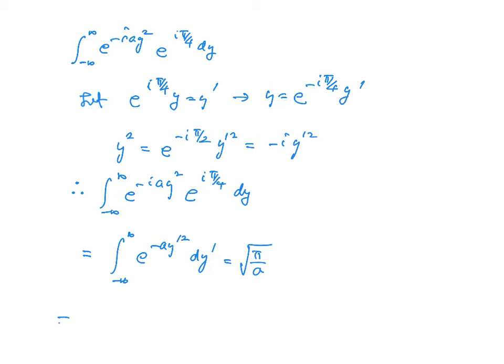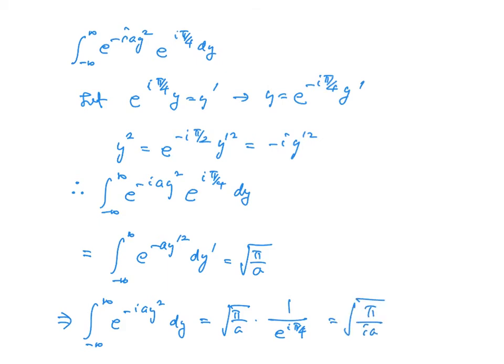So as a result, the integral of exponential minus i a y square dy is pi over a times exponential i pi over 4, the same as square root of i pi over a.